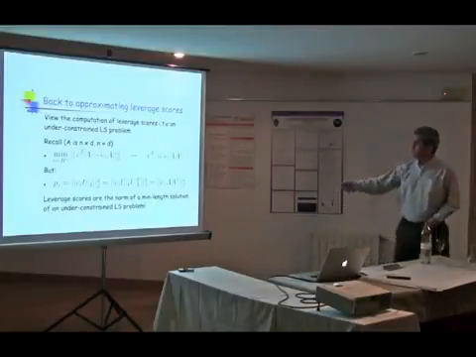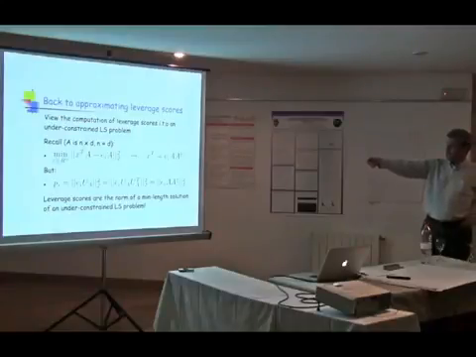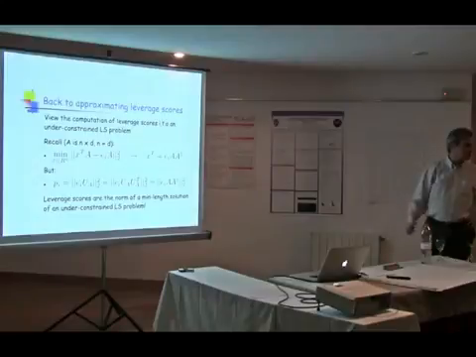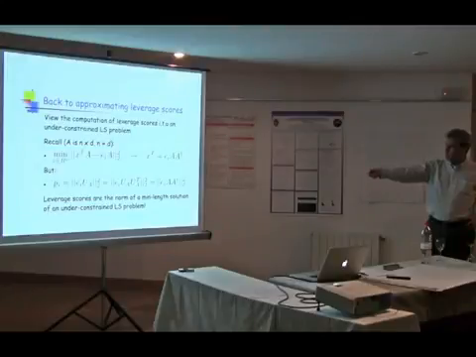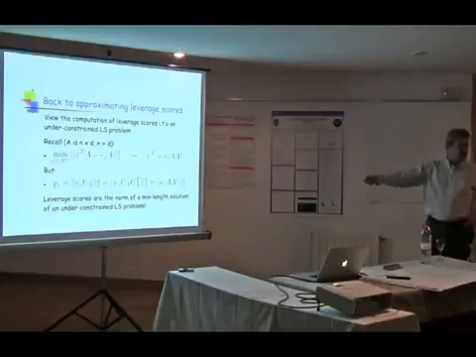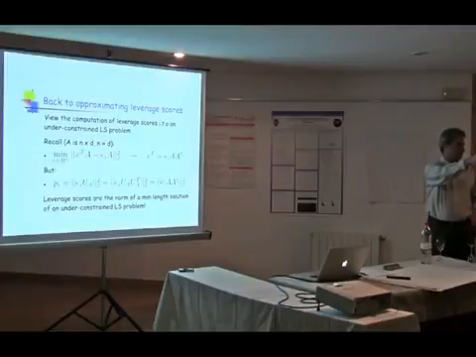So, back to approximating leverage scores. View the computation of the leverage scores in terms of some different under-constrained least squares problem. So recall, if A is n by d and n is tall, consider this problem. Take every column of A and get the best least squares fit to the ith column of A. Clearly there's a solution to that, right? You return the ith column.